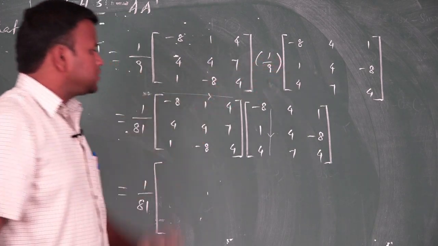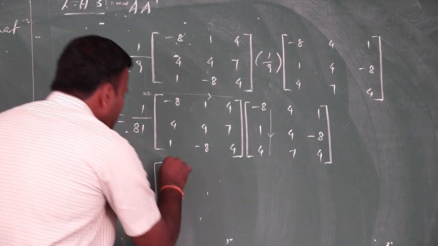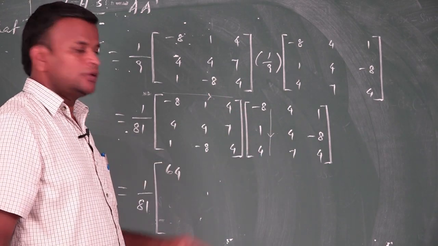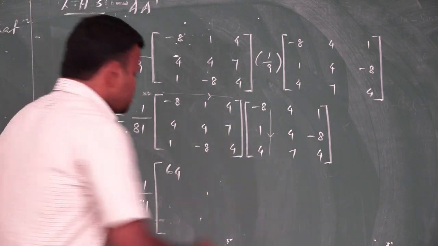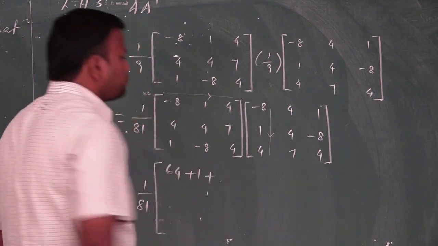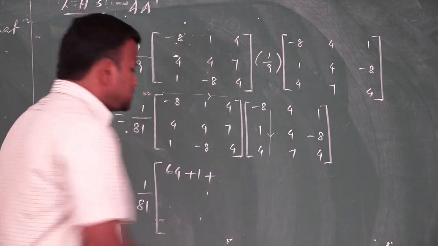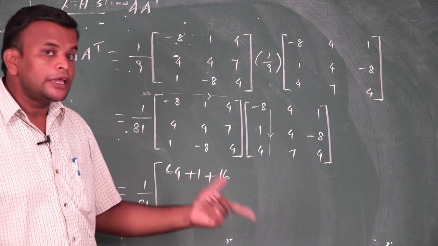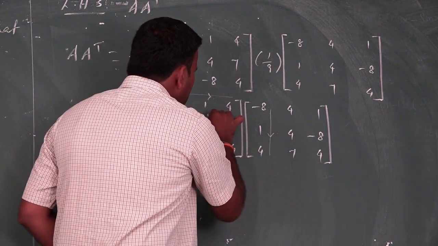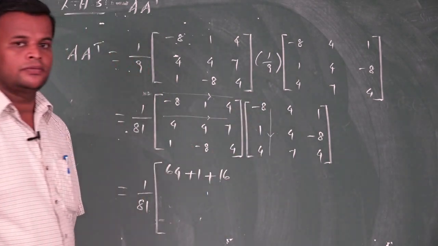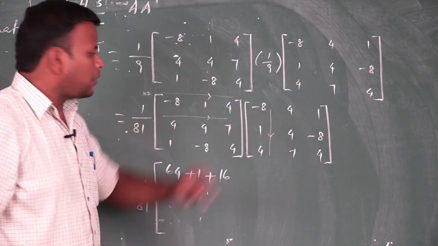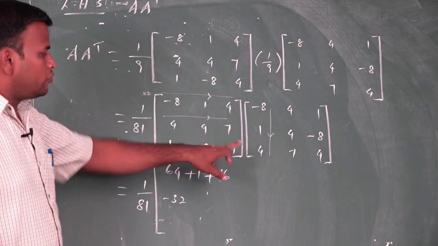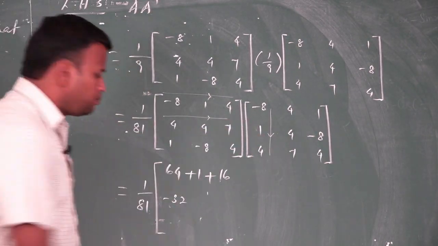Minus 8 into minus 8 is plus 64. Moving on, 1 ones are 1, so plus 1. Plus 4 fours are 16. First row, first column over. Next, the second row and first column: 4 into minus 8 is minus 32. Moving, 1 fours are 4.